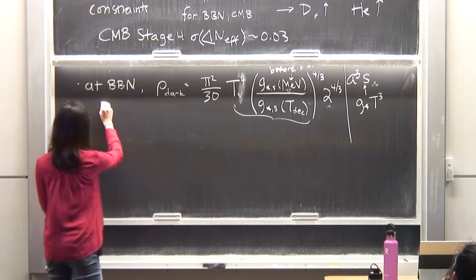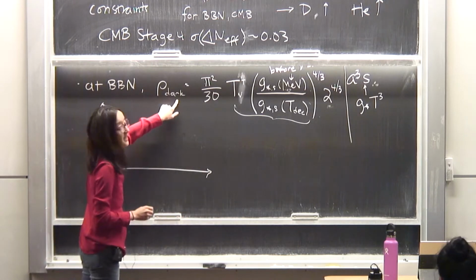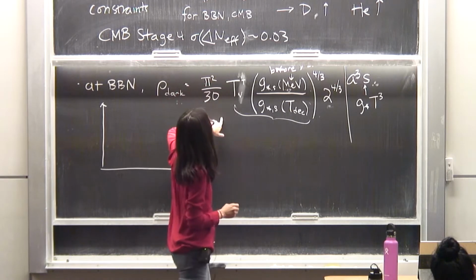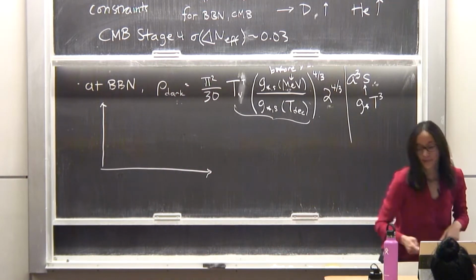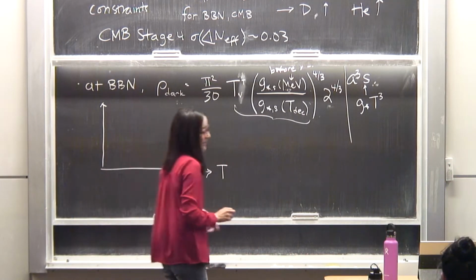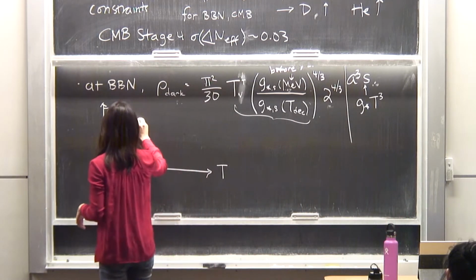Okay, so now let me sketch what this looks like. Now I have the dark sector energy density, and I can turn this into a delta N effective. Probably going to get all these bumps wrong.